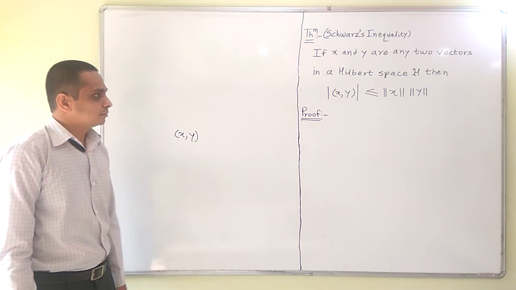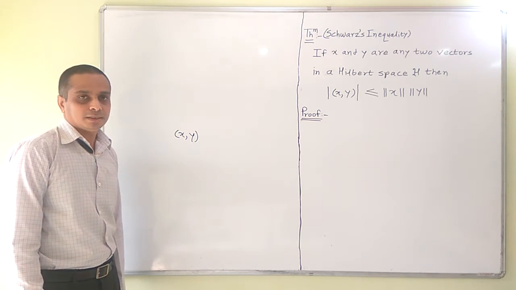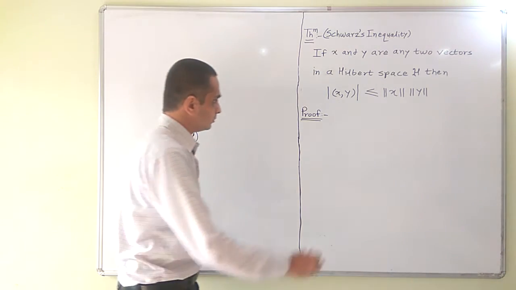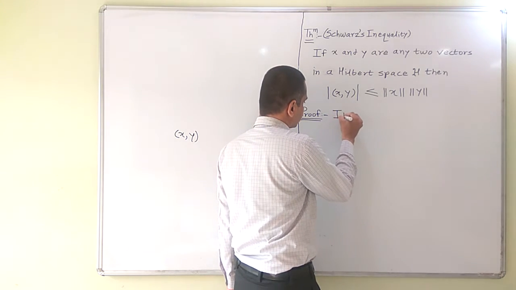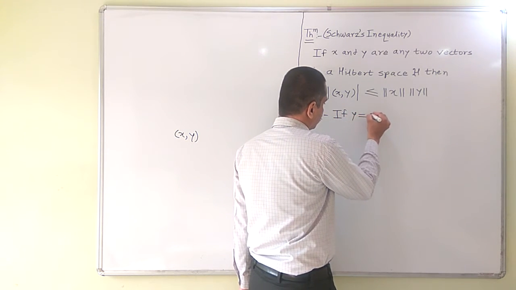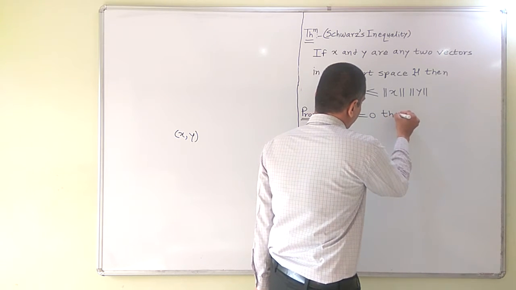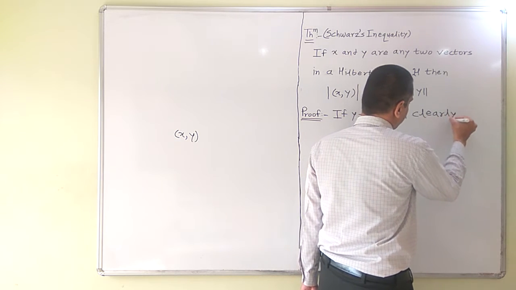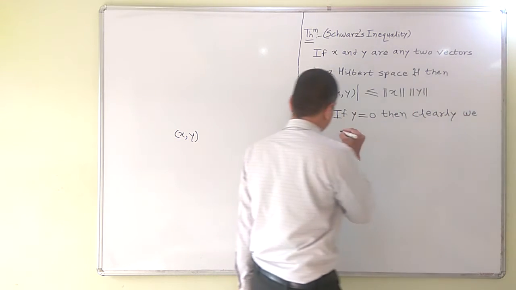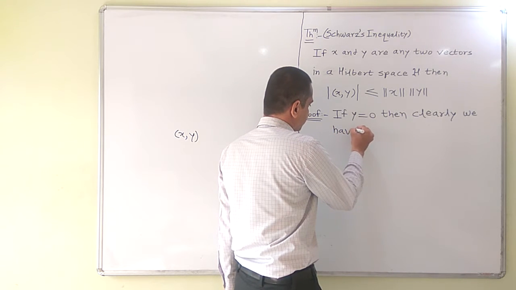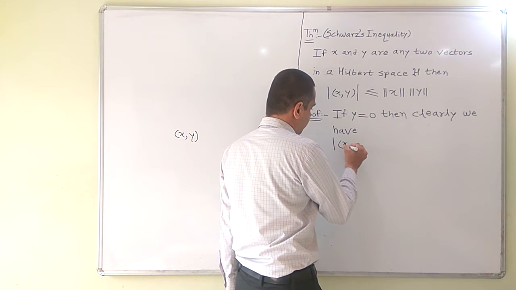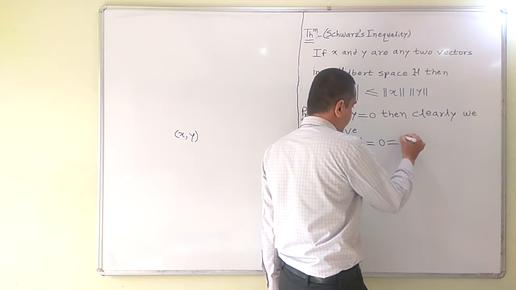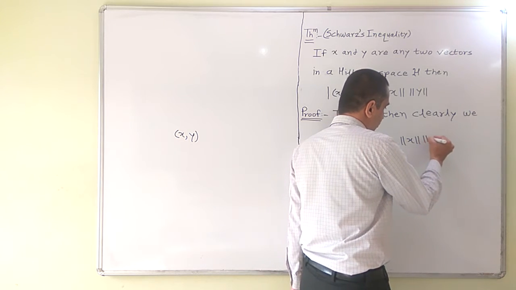Modulus of the inner product xy is always less than or equal to norm x into norm y. If y is equal to 0, then clearly we have mod xy equal to 0, which equals norm of x into norm of y.